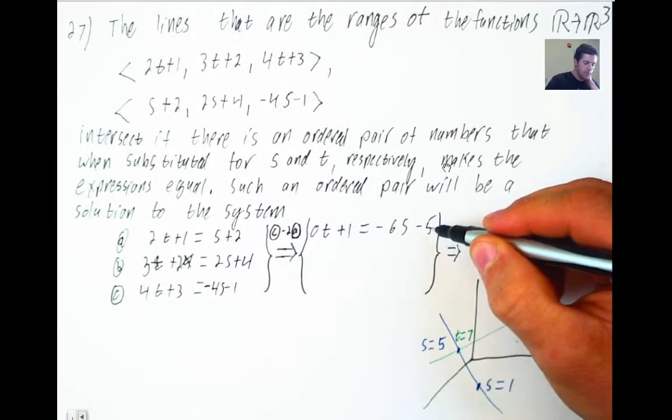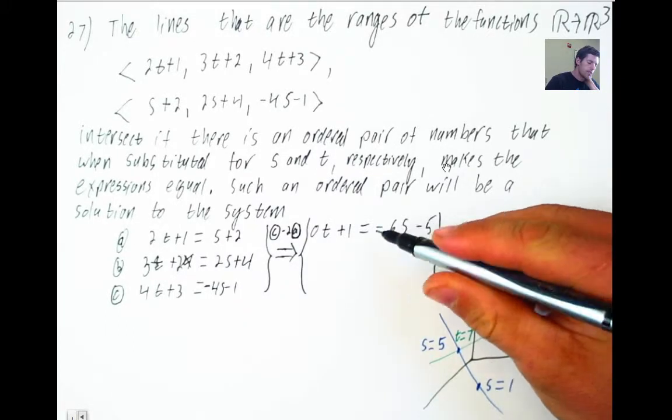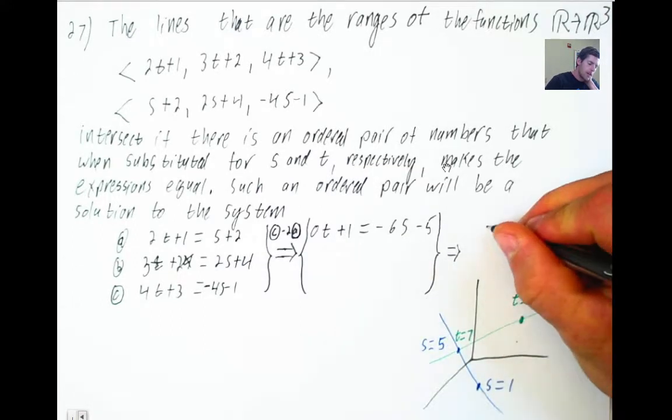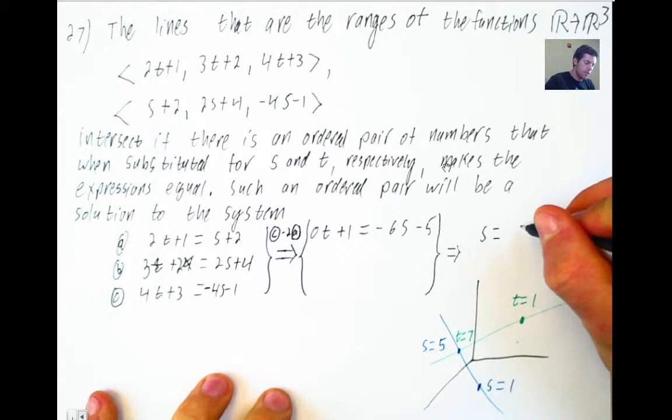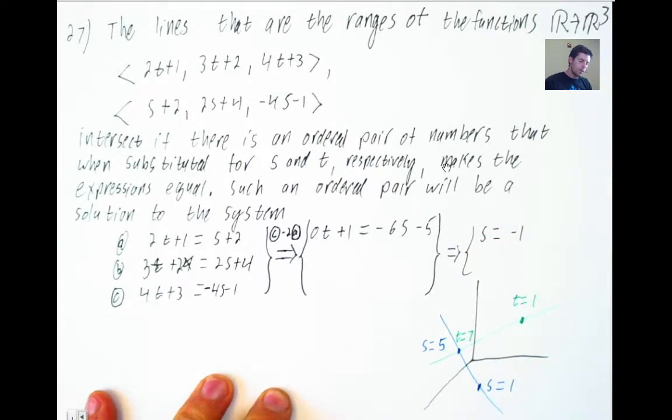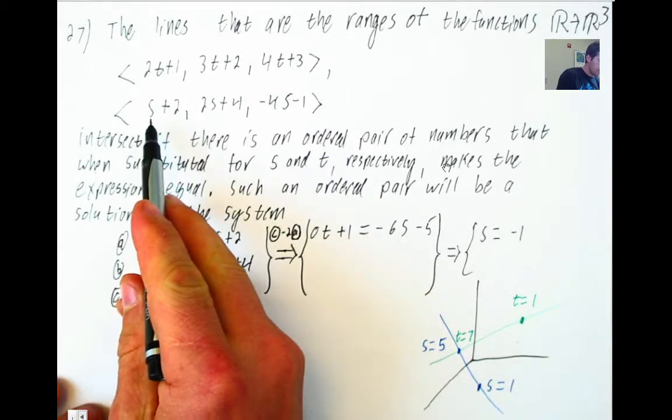If I add 5 to both sides, I'd get negative 6s is equal to 1 plus 5 is 6. So I would get s is 6 divided by negative 6. That's negative 1. Hey, you know what? That is all I need. Presumably, these lines really do intersect. And they intersect at the point that is described by putting negative 1 in for s here.